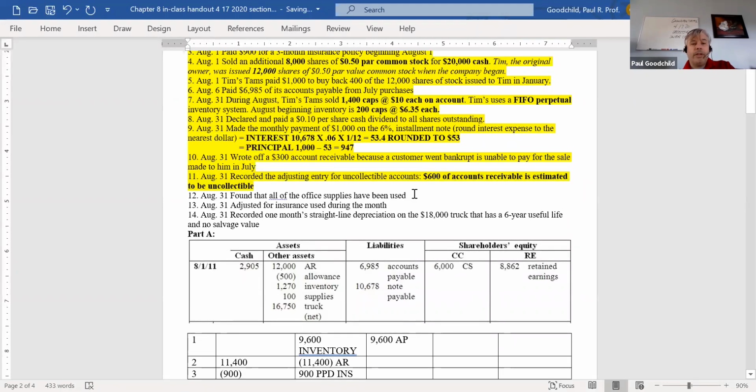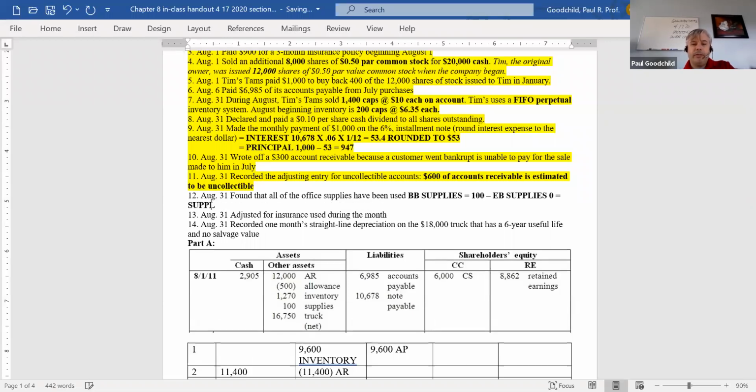Found that all of the office supplies had been used. And so beginning balance of supplies equals 100 minus the ending balance of supplies, 0.